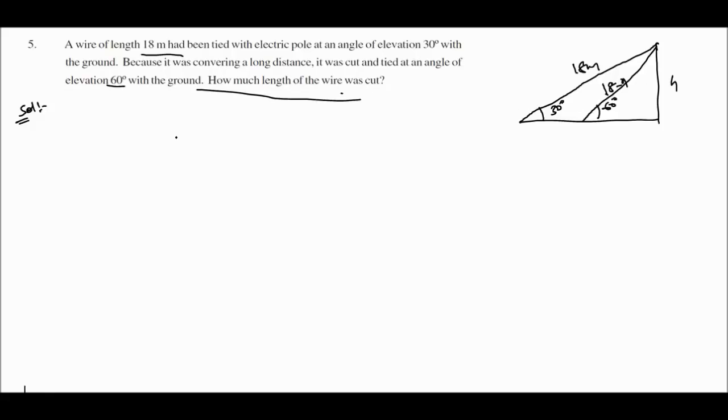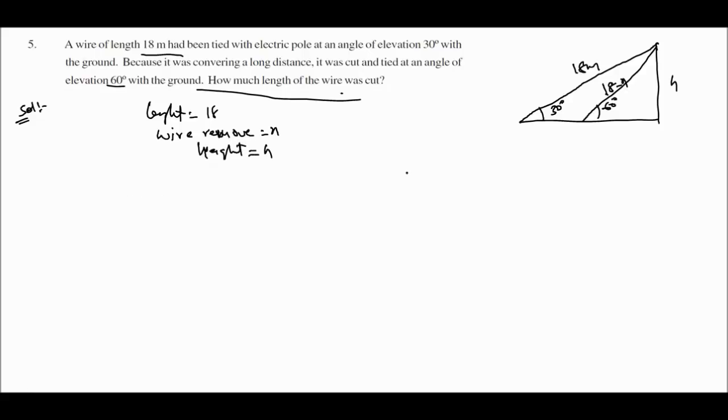We have to see. The length of the wire is 18 meters, and the cut wire removed is x. The height of the pole is h.